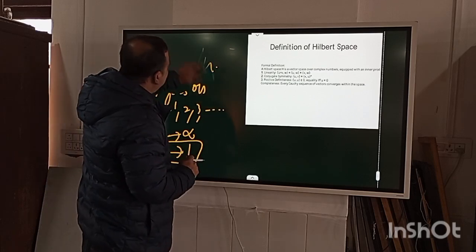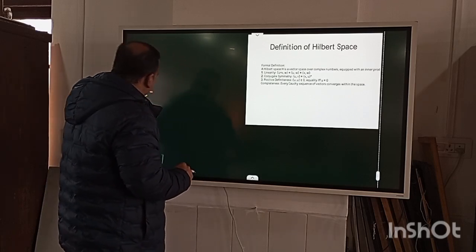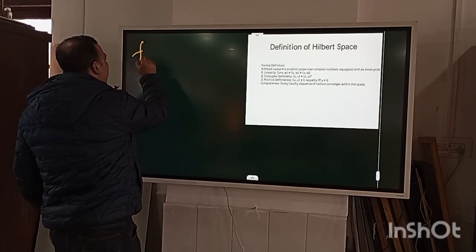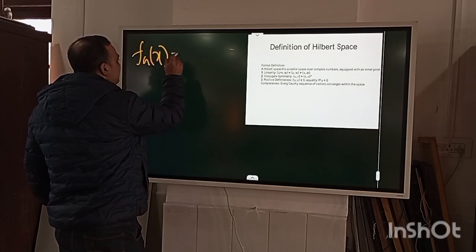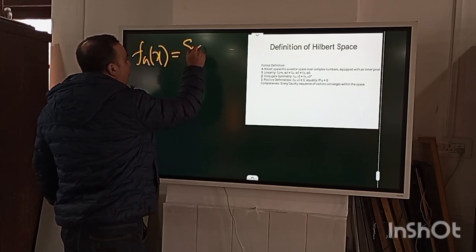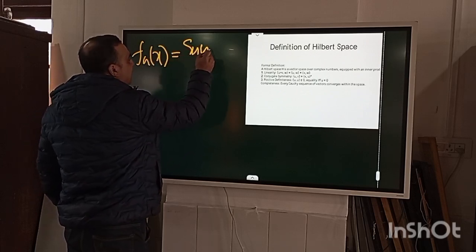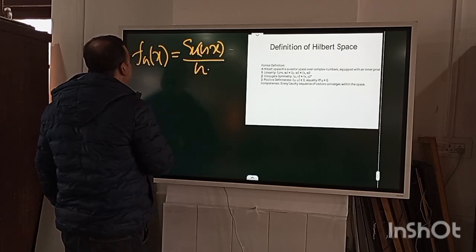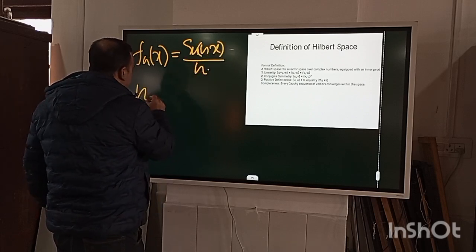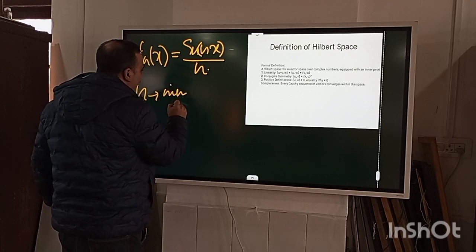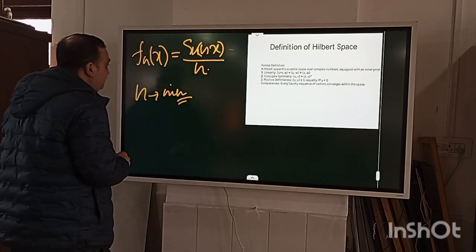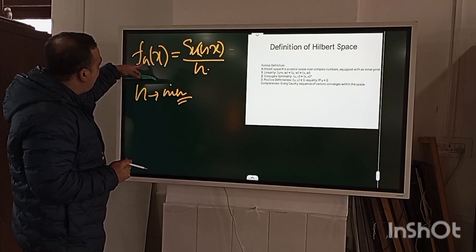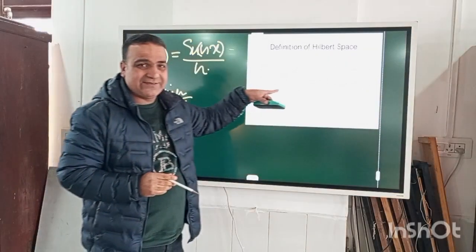And we can choose another example. Say I have a function f_n of x, and this function is sine of nx by n. Now we can say that as the value of n increases, the value of f_n decreases.